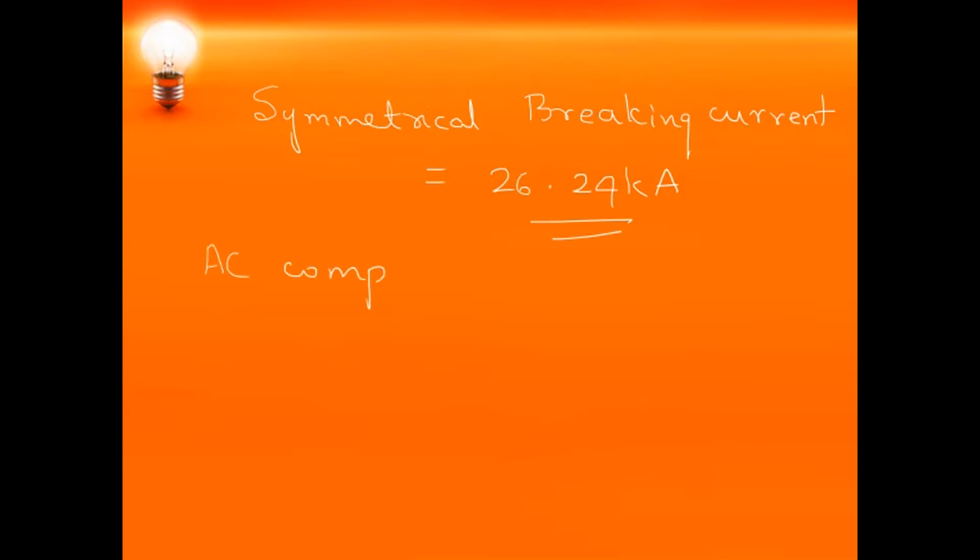Next, they have given the DC component, 50% DC component. So we will first find the AC component of the short circuit current and then the DC component.